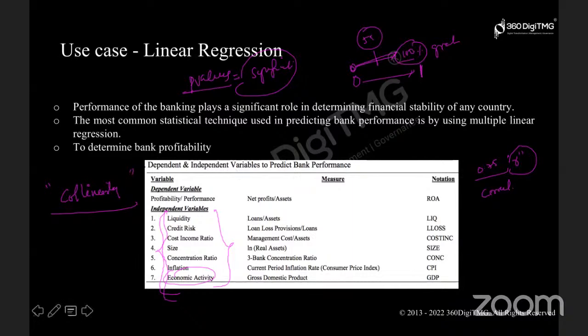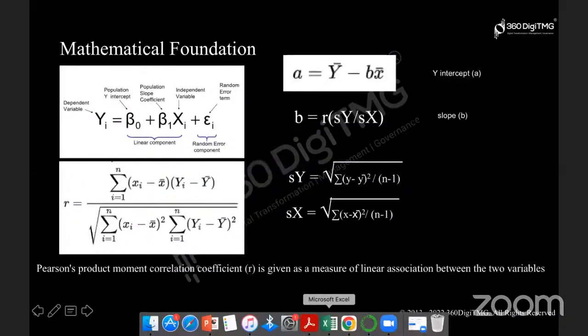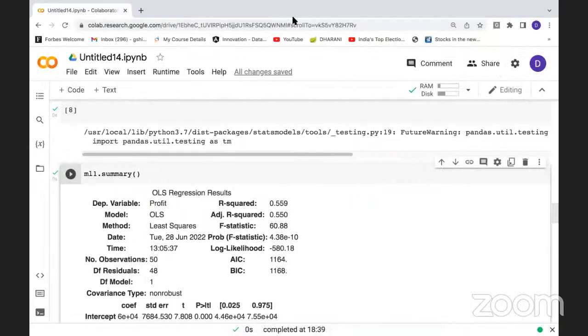Because tomorrow when I explain the artificial neural network, which is the last algorithm we are going to discuss, it will not give you anything. You give the input, it will analyze, and it will give you the output. There is no question of checking this analysis, no checking of collinearity problem, no checking of normality, no checking of correlation coefficient, R square, nothing, p values.